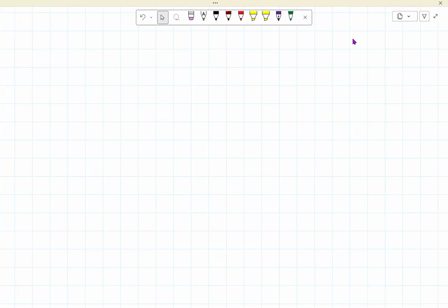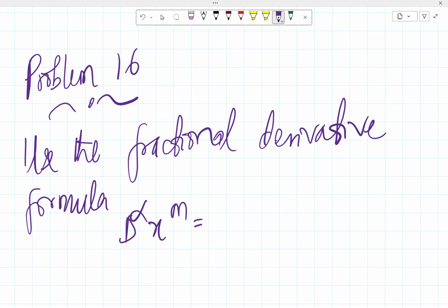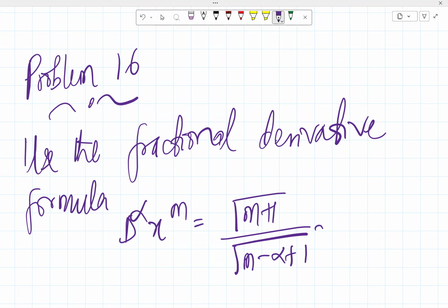So let's start with problem 16. Problem 16 says to use the fractional derivative formula, which is: the alpha derivative of x raised to the power m equals gamma of m plus 1 over gamma of m minus alpha plus 1, multiplied by x raised to the power m minus alpha.